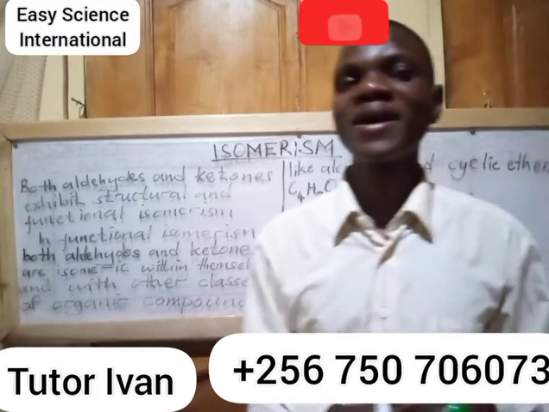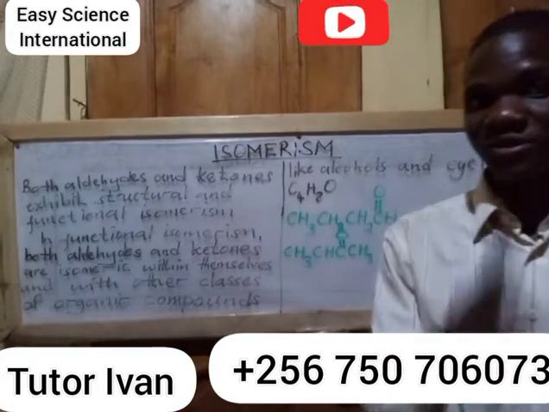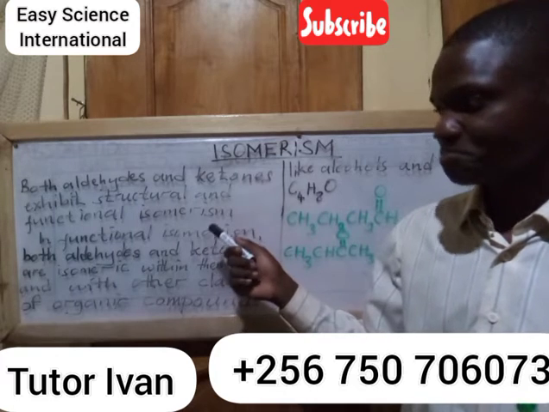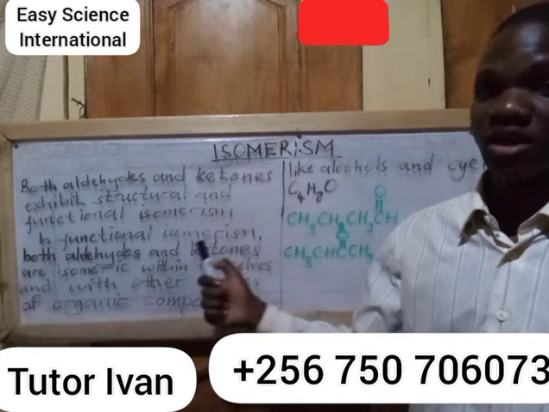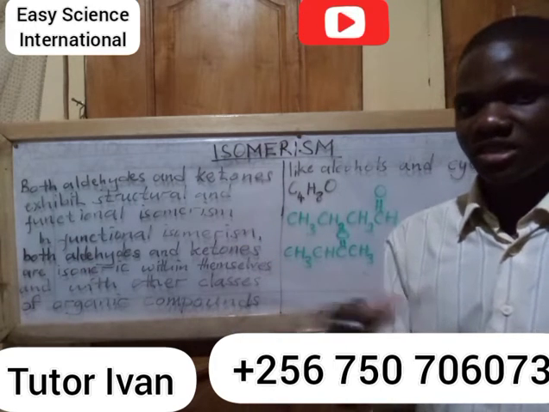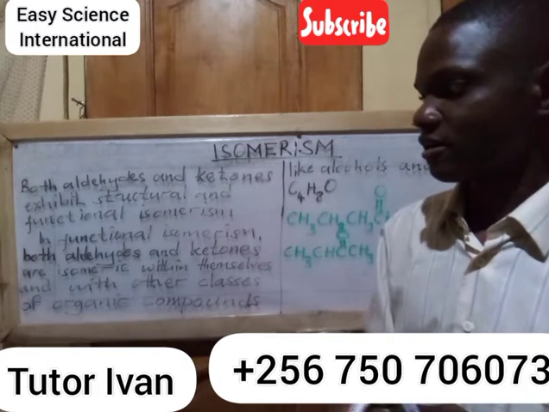Any other class of organic compounds that contains a single oxygen atom can lead to what we call functional isomerism. Basically, with functional isomerism, the difference is within the functional group.